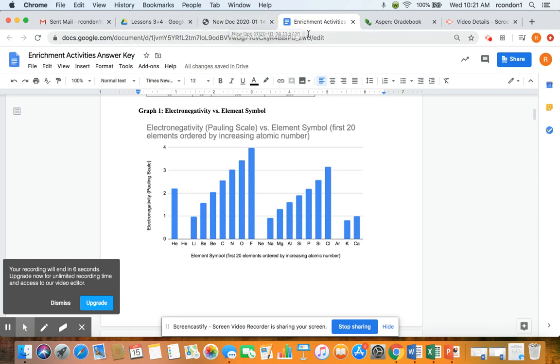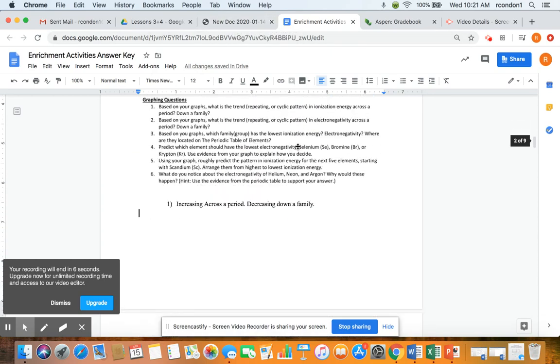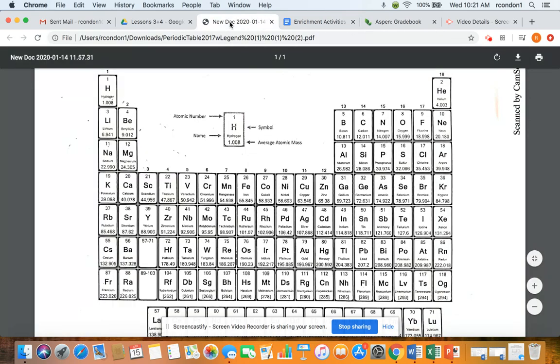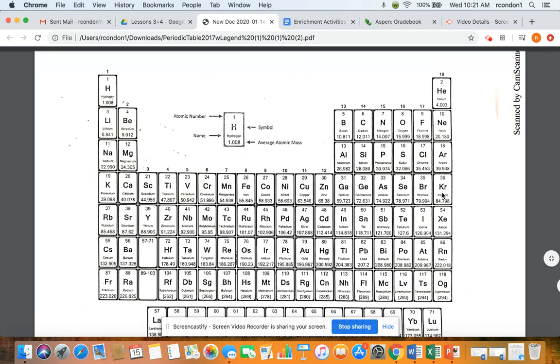So the 3 elements we are going to be looking at for this question are selenium, bromine, and krypton. So let's look at our periodic table and figure out where those are. So here's selenium with atomic number 34, bromine with atomic number 35, and krypton with atomic number 36.